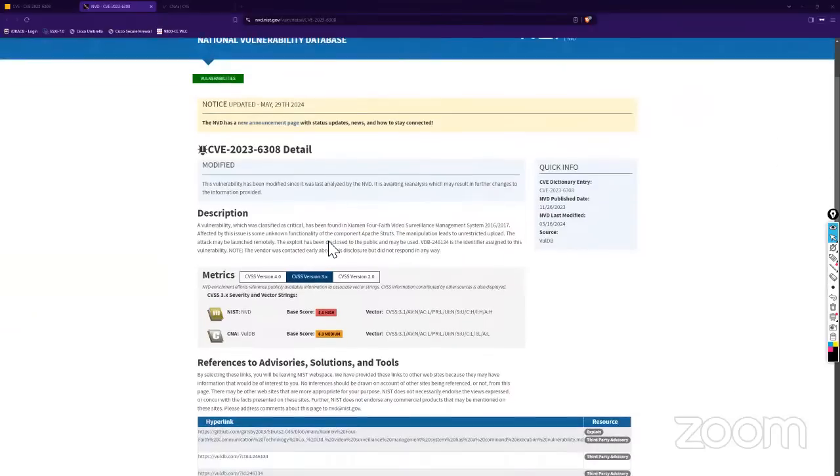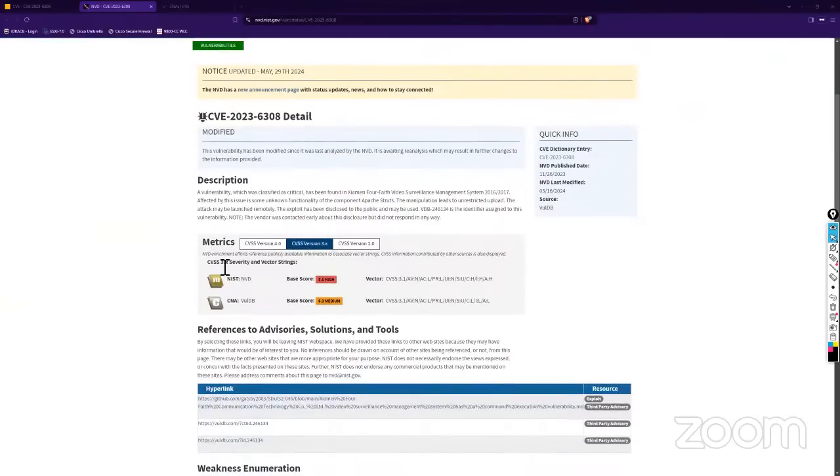In here, you're going to see there is a scoring system. You can see that this has been classified as a high vulnerability. It has been given a score of 8.8.